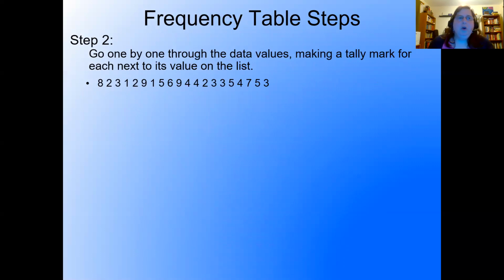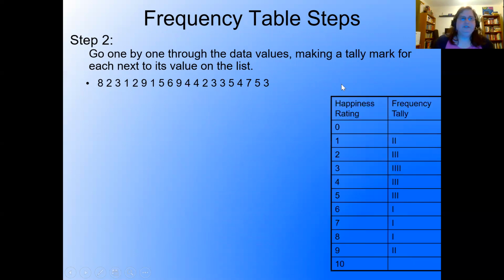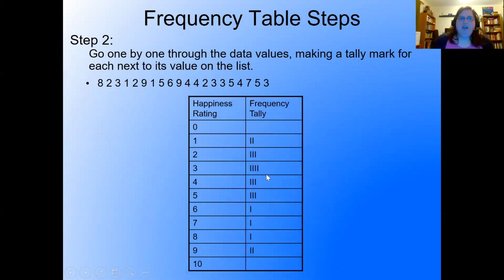Now we're going to go one by one through the data values, making a tally mark for each next to its value on the list. So as you can see, 8, 2, 3, 1, 2, 9, 1, 5, 6, 9, 4, 4, etc. These are all of our data values. And we went through each of them and made a tally when each one appeared. So 8 came up first, go to 8, make a tally mark.